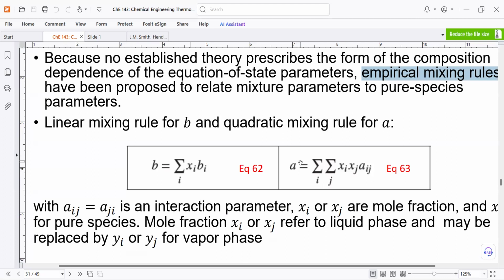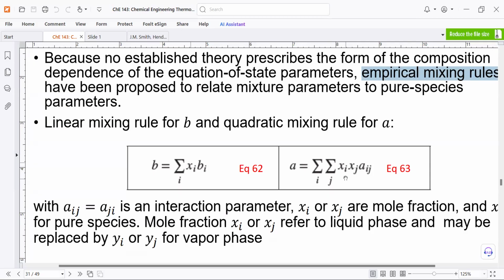For A, on the other hand, since it accounts for the interaction between molecules, between species I and J, it only accounts for two molecule interaction, not more. So just two-way interaction.